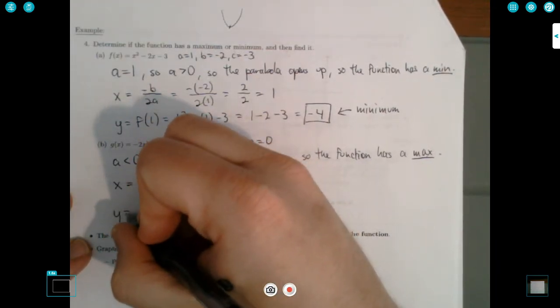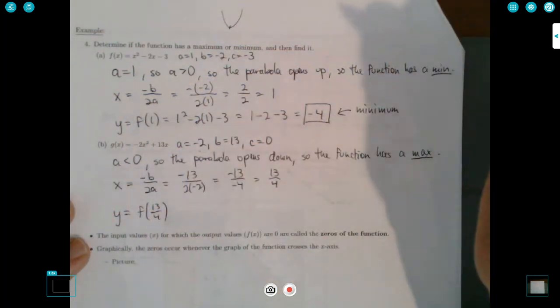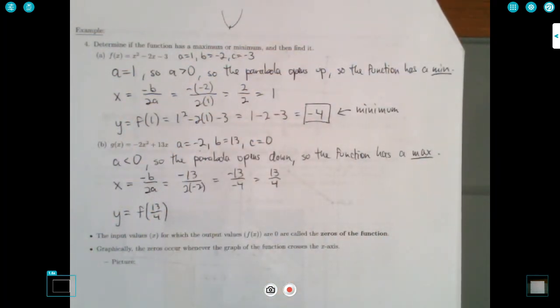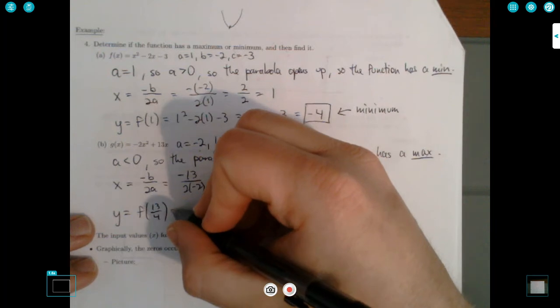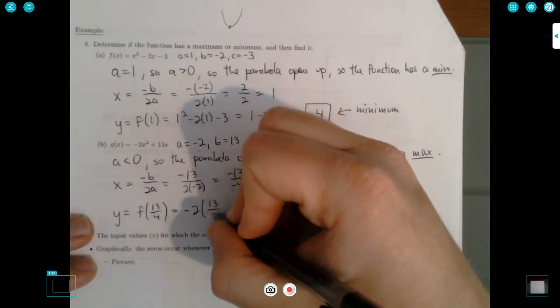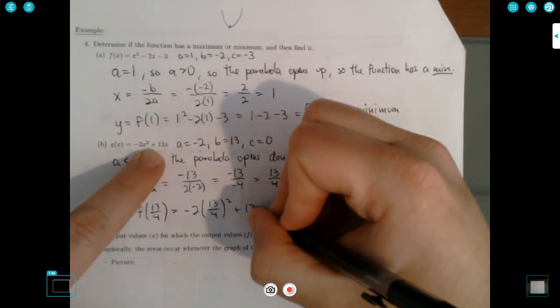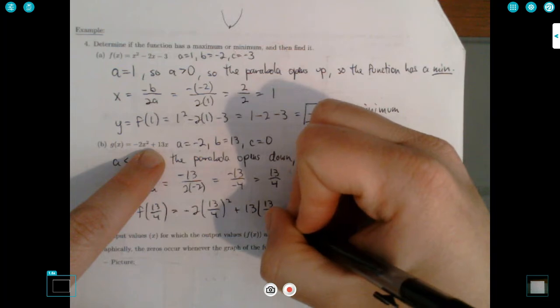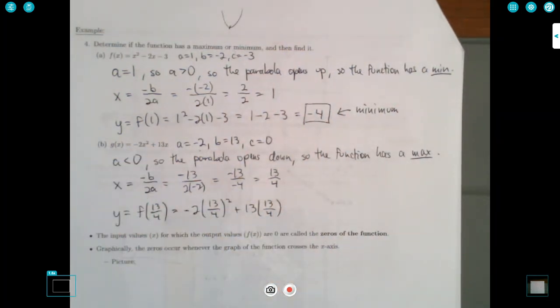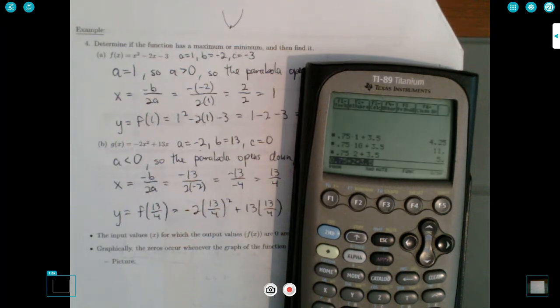So I'm going to say y equals g of 13 over 4. And if you're scared of fractions, don't be. Just use your calculator, right? It's going to be fine. So this is going to be negative 2 times 13 over 4 squared plus 13 times 13 over 4. And I'm just going to plug that into my calculator.